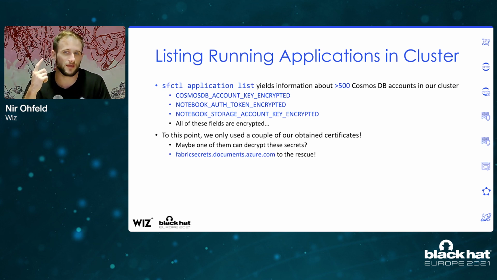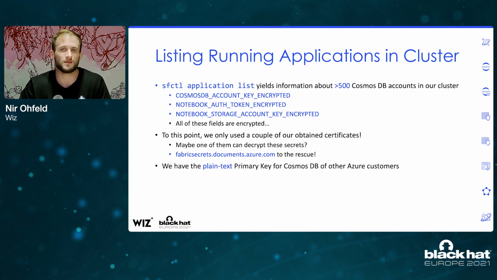Just one certificate to encrypt all cross-tenant sensitive authentication tokens. Decrypting the Cosmos DB account key resulted in us gaining the primary key for all Cosmos DB accounts in our cluster. This primary key is equivalent to the root password to the database, allowing full access and manipulation of the victim's data. I will now hand over the presentation to Sagi to demonstrate the complete exploit chain.